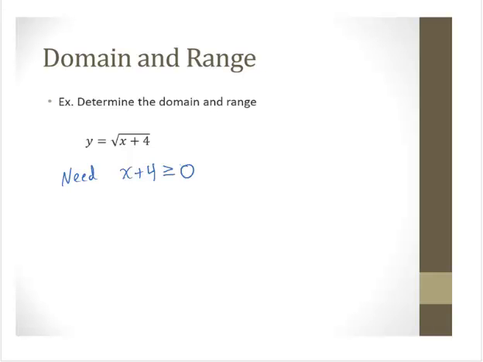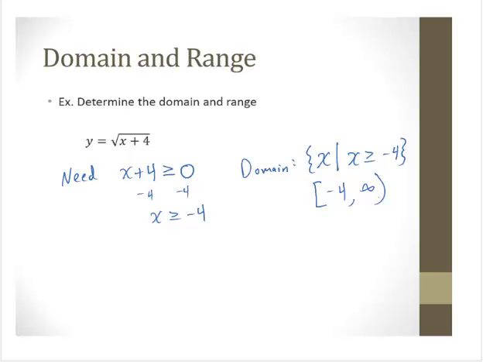All right, so if we subtract 4 from both sides, we have x is greater than or equal to negative 4. And so what that tells me is that the domain I can write as the set of numbers x such that x is greater than or equal to negative 4. Or I can write the interval notation, bracket negative 4, comma, infinity, parenthesis. So there's the domain.